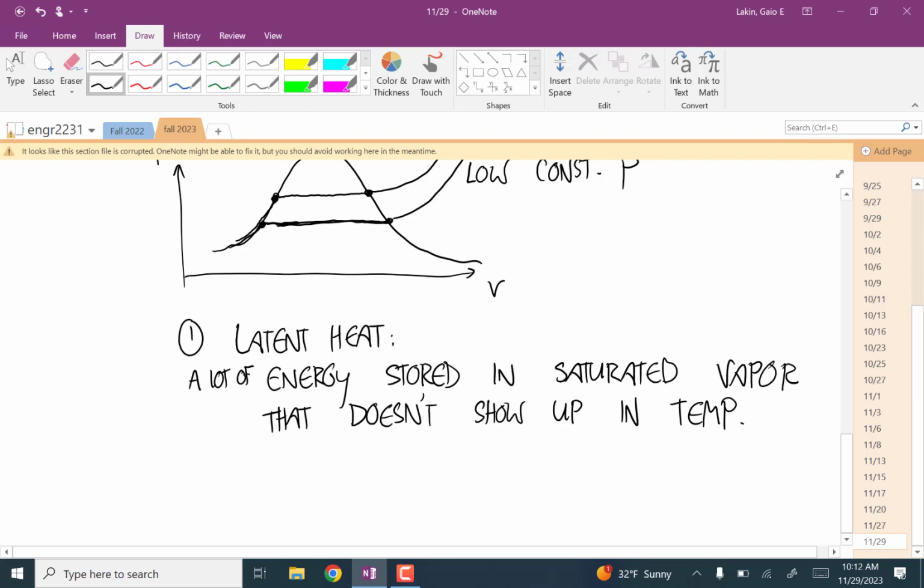The nice thing about taking advantage of that is if you're trying to put heat into a saturated liquid, into any substance, it's easier to do it if the temperature isn't rising the whole time. If you have a boiler that's 500 degrees Fahrenheit and you're putting heat into a gas, the temperature of the gas is rising, and the whole time it's rising, it's slowing down how fast the heat transfers into the gas.